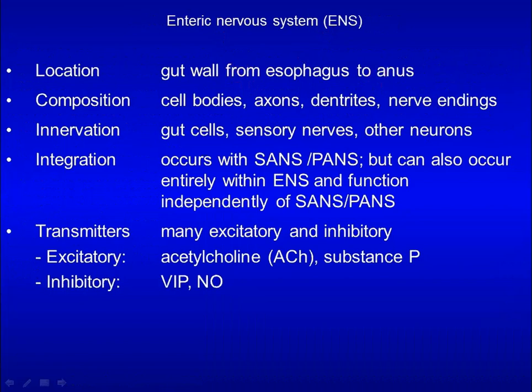It is connected with extrinsic sympathetic nervous system and parasympathetic nervous system, but integration can also occur entirely within enteric nervous system and function independently of sympathetic and parasympathetic nervous systems. Some neurotransmitters are excitatory, such as acetylcholine and substance P. The others are inhibitory, such as VIP and nitric oxide.